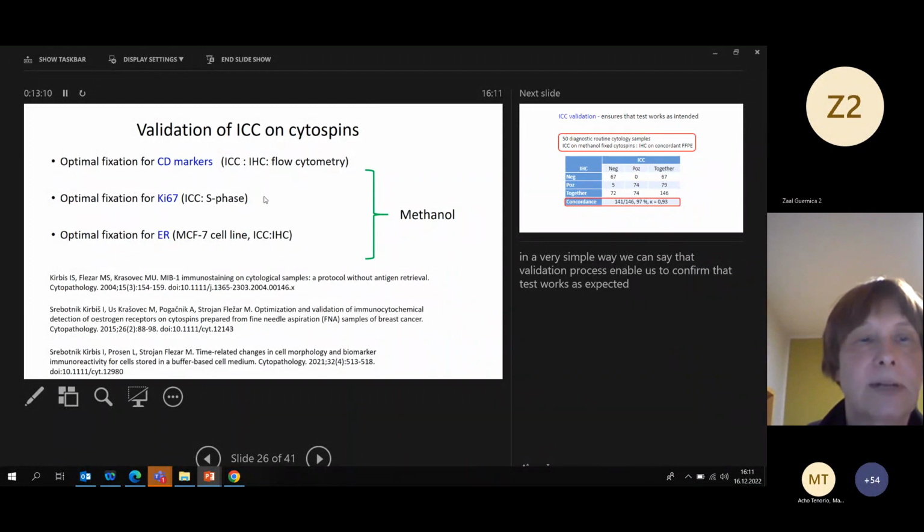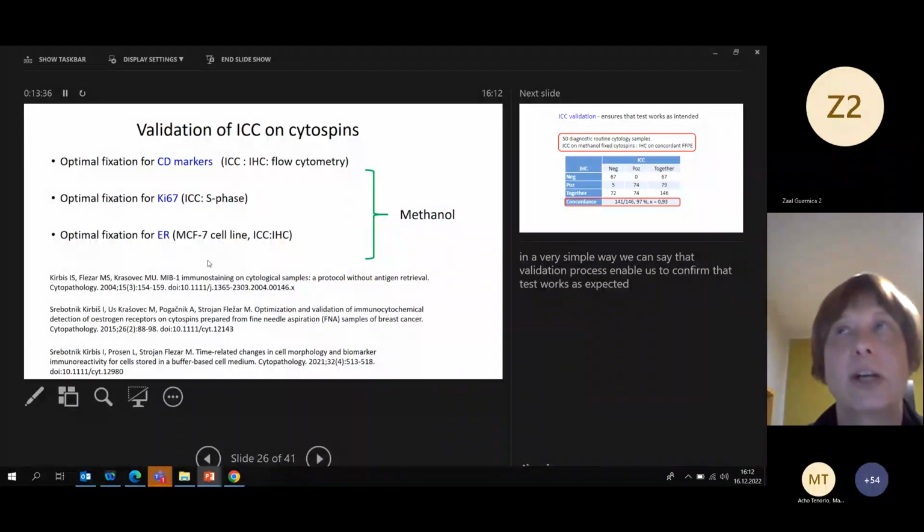And the biggest validation study was performed for hormonal receptors, where we performed 4 independent studies, first to design the optimal combination of pre-analytical and analytical steps to get expected results.